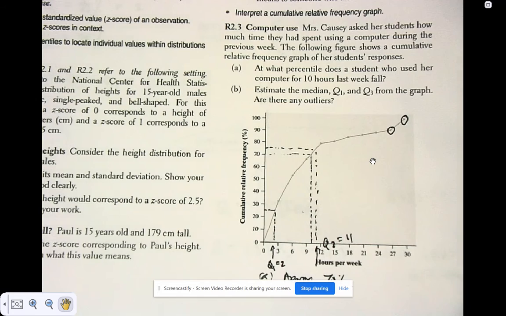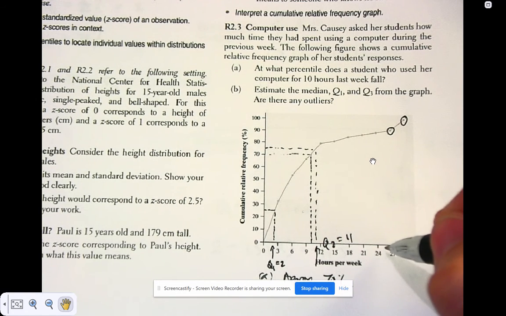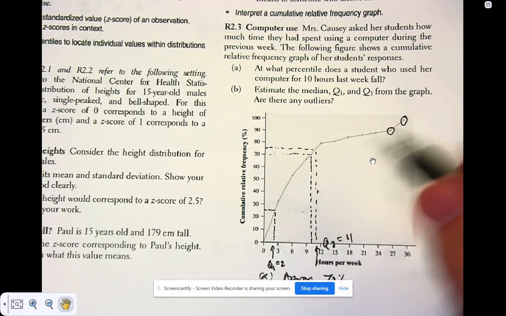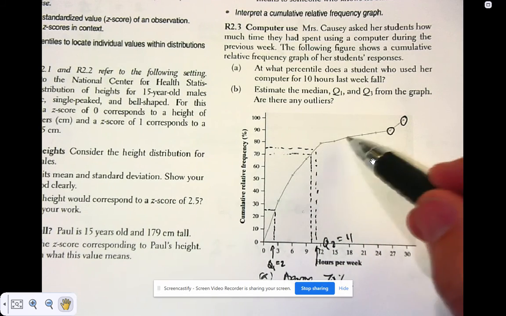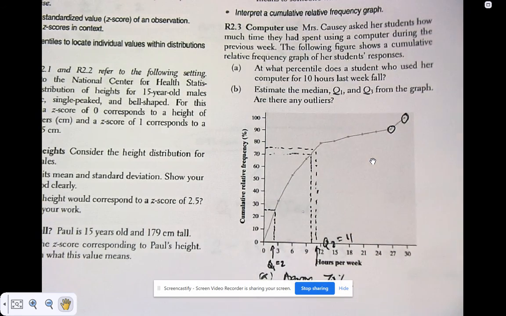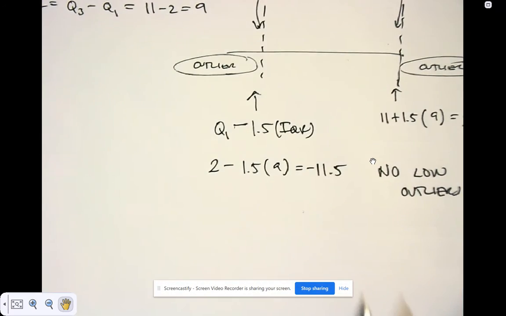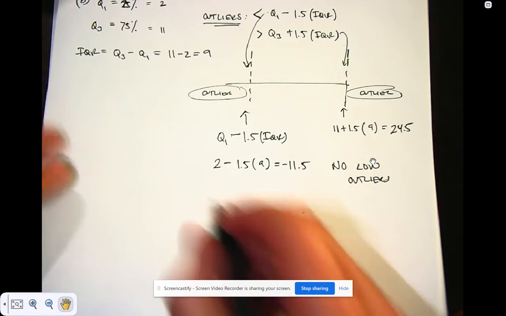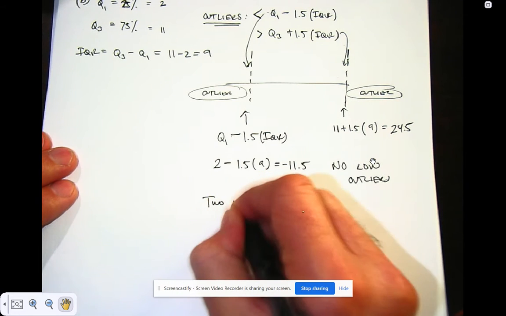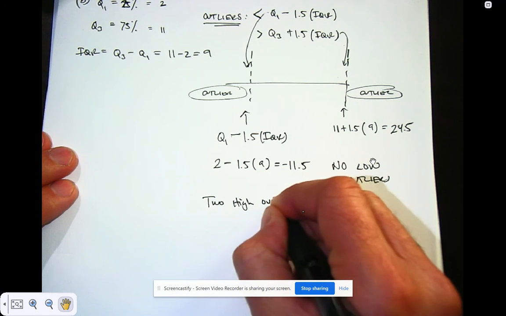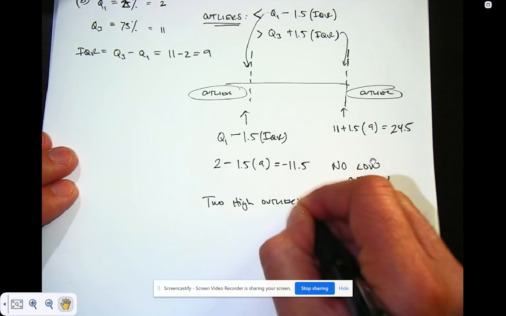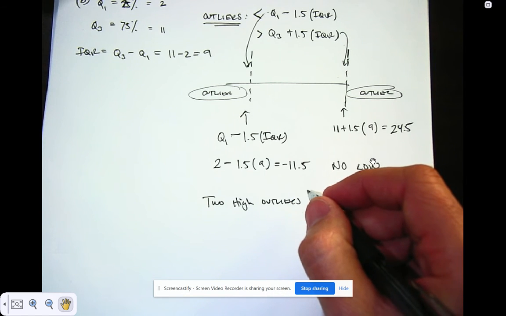So there appear to be 2 data points above 24.5. And so you would say 2 high outliers, and it looks like they're at 27 and 30.